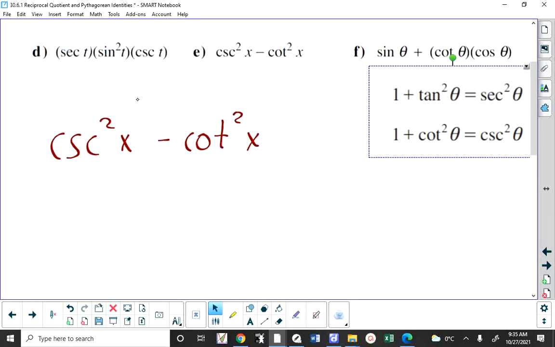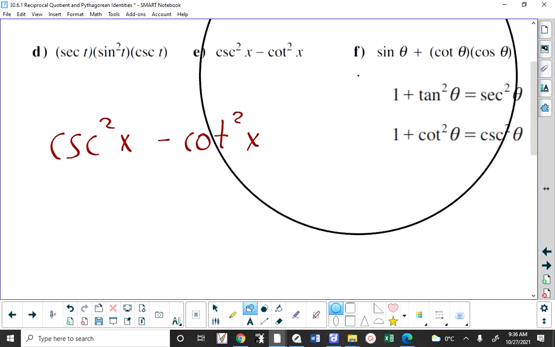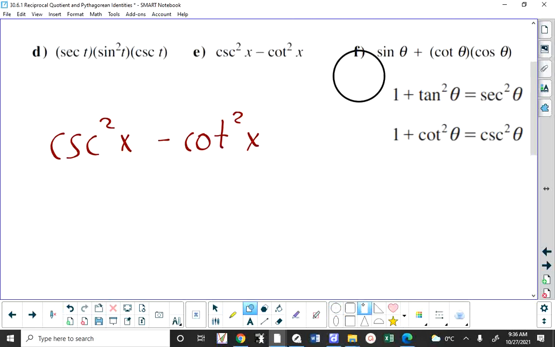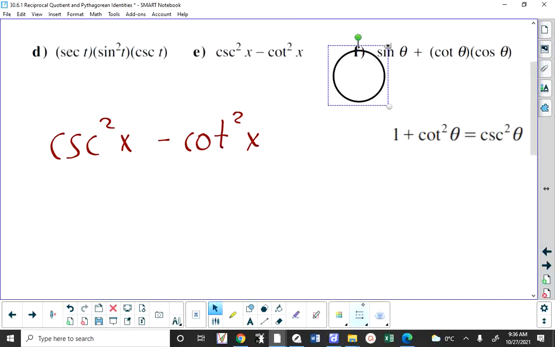So what I can do, and this is kind of what Sienna and I were discussing yesterday in the lesson, is I can choose to rearrange this identity to match something in the question, or I can rearrange part of the question to match the identity. It doesn't matter what you do as long as the substitution is algebraically valid.